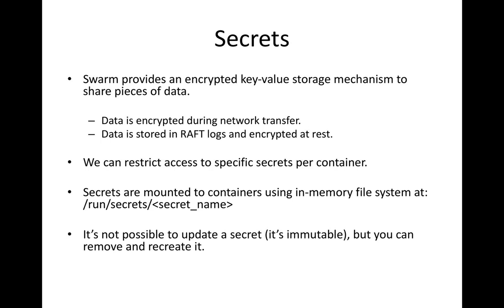So within the container itself, you'll see this directory structure at /run/secrets/secret name. And then the secret is stored as a text value. So the secret name is like a file, which is the key for the secret, and the value of the secret is stored as text data within that file.